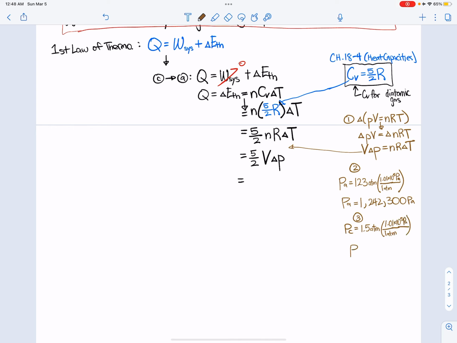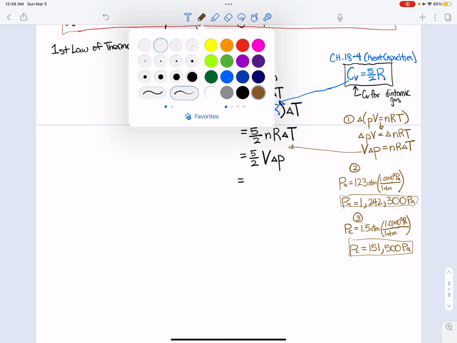So my pressure at state C in pascals is, plugging that in the calculator, 151,500 pascals. Cool. So that's what I'm going to use for delta P.